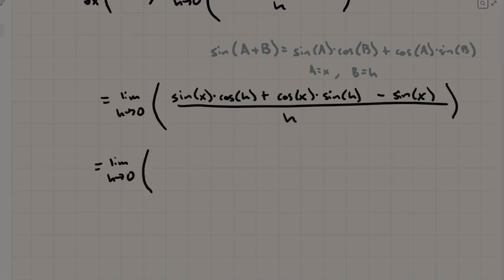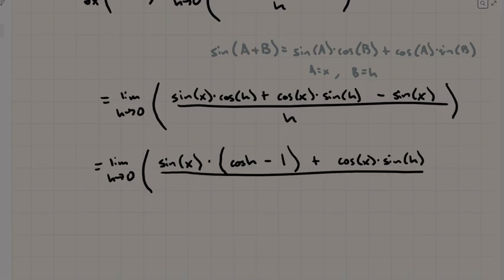So if we factor out that sine of x, then that's going to be multiplied by cosine h minus 1. And then we still have this middle term, cosine x times sine h, in our denominator.